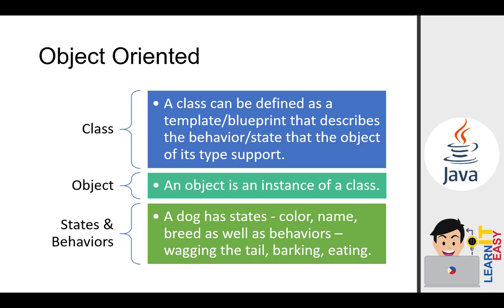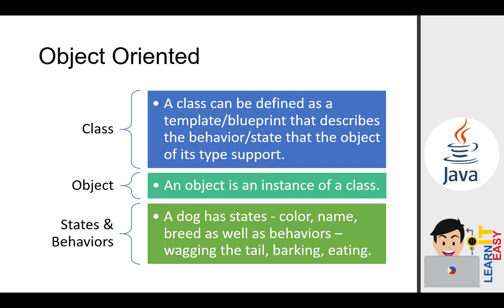A dog has states like color, either black, white, brown, polka dots, and so on. A dog also has a name, and a breed as well. Breeds like husky, golden retriever, aspin, and so on.